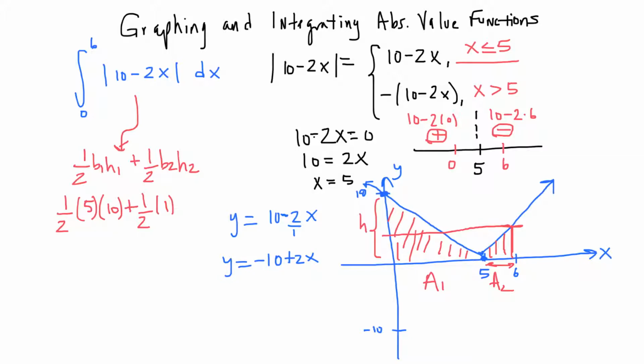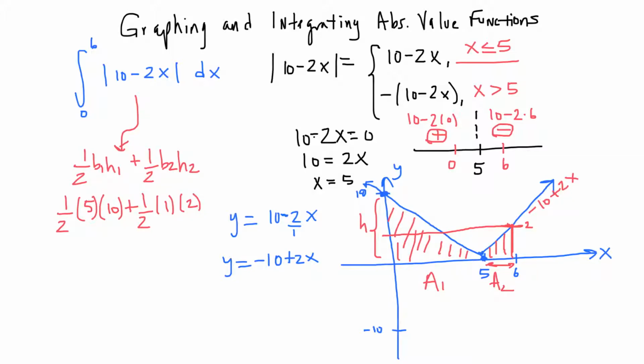Remember that this line here was -10 plus 2x. So you plug in the 6 into that equation and you get -10 plus 12, and that gives you a 2. So the height of the second triangle is 2.